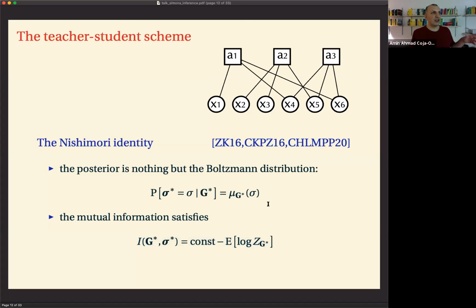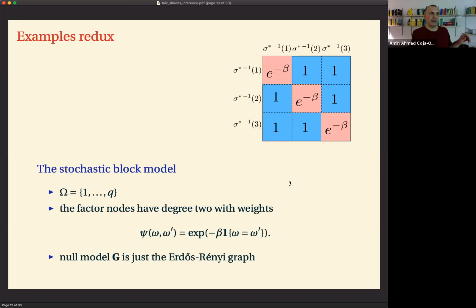So having seen this general framework, which may look a bit abstract and a bit scary, let's see how we can get the particular models, or the models that I showed in the beginning, from this. So for example, the assortative stochastic block model we would get by saying, well, my variable nodes are just the vertices of my graph.